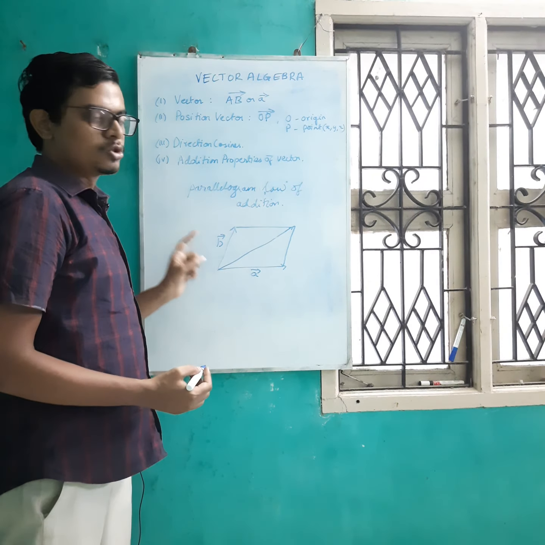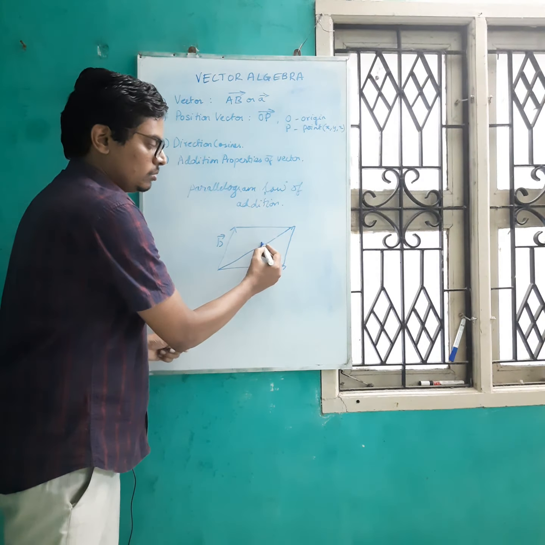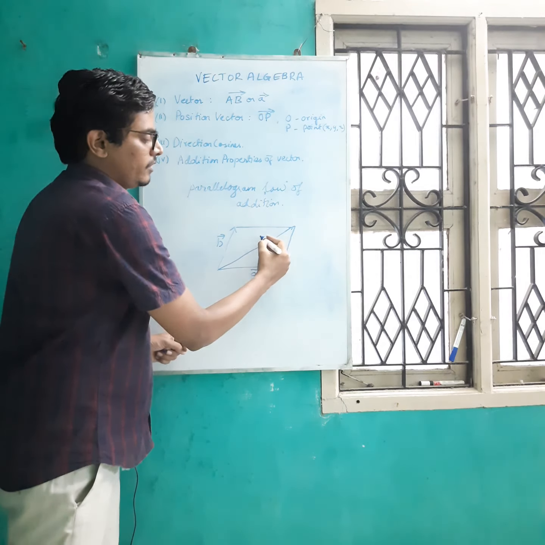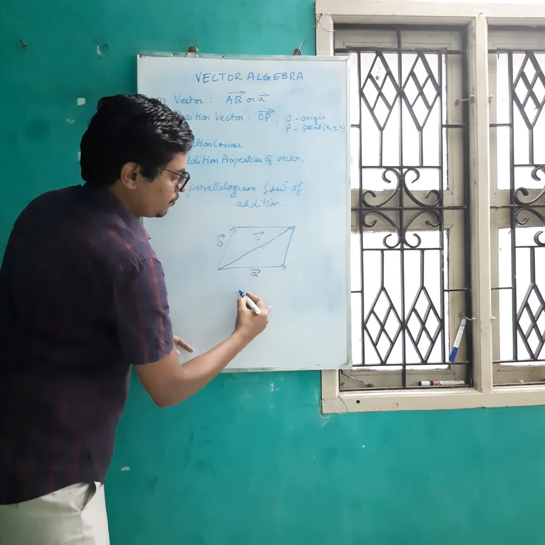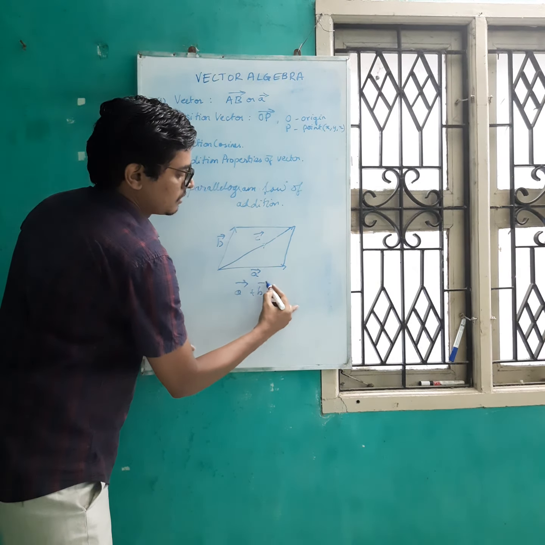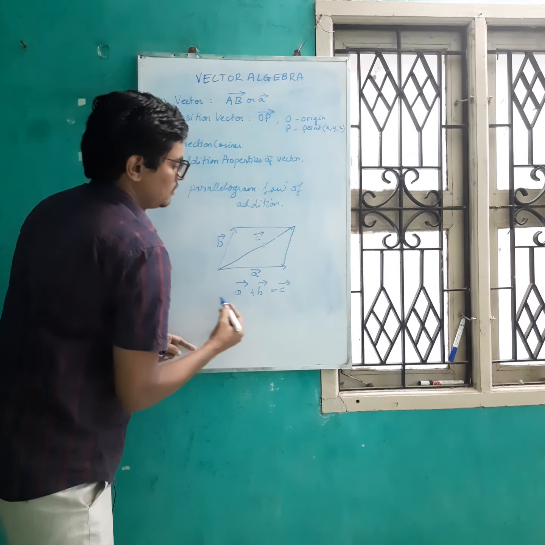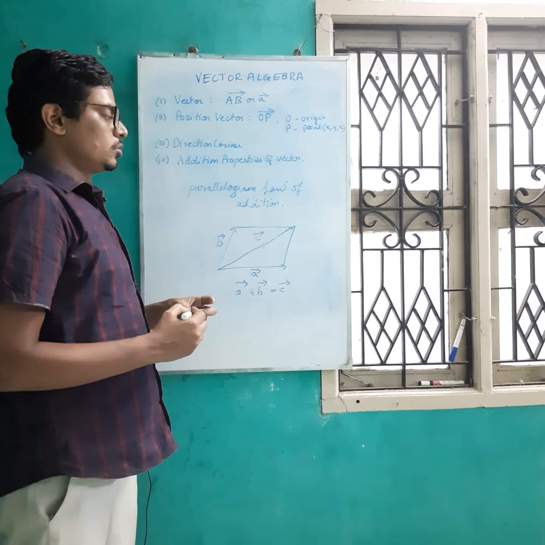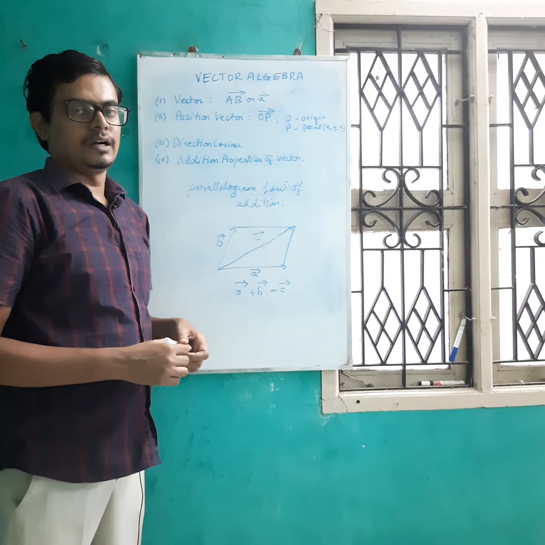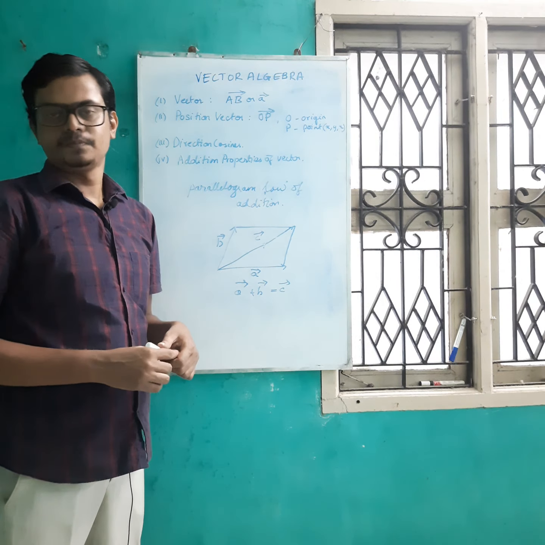Then the sum of these two vectors A and B is equal to the diagonal of the parallelogram, C vector. So A vector plus B vector here is equal to C vector. So these are the two laws of addition of vectors.